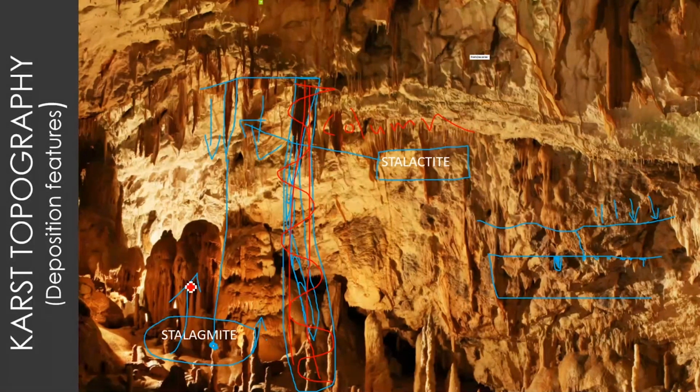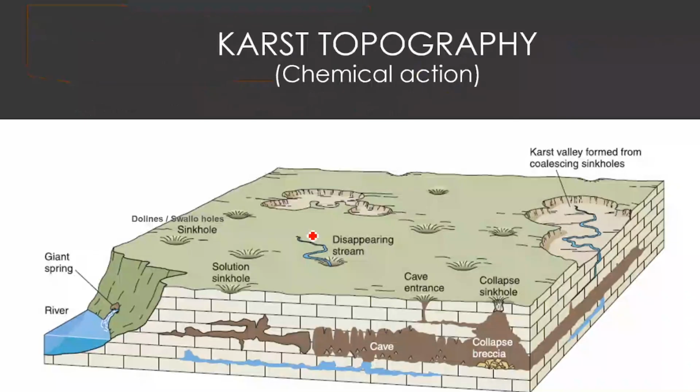Okay, so these are the basic things in the geological process of groundwater, and basically we are talking about the process which produces erosion and which produces deposition.